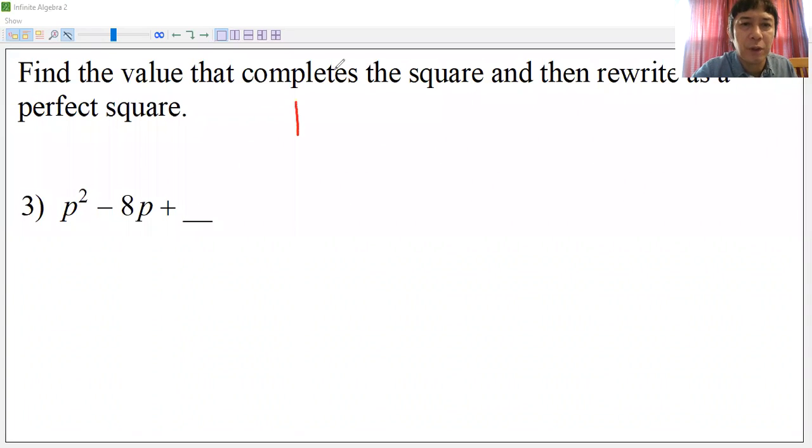Here's the third. So we have here p squared minus 8p. What are we going to add there? You will have to take the 8 there, divide it by 2, and then square the result.